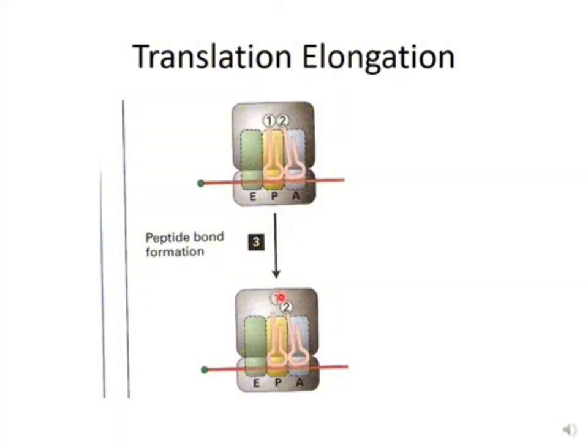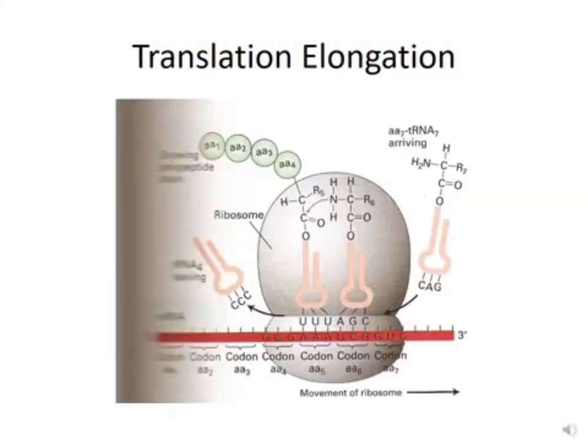So we have the growing polypeptide chain moving to the tRNA on the A site, and the tRNA on the P site is not charged with an amino acid anymore.